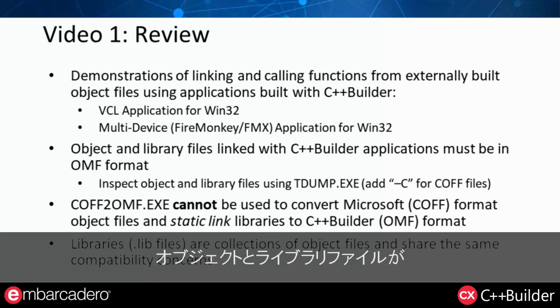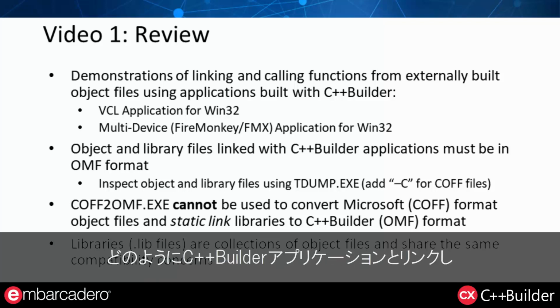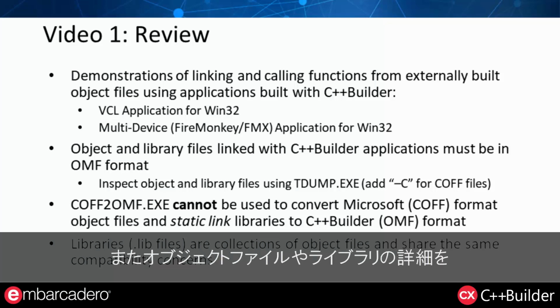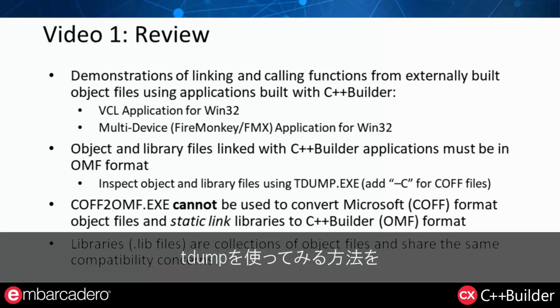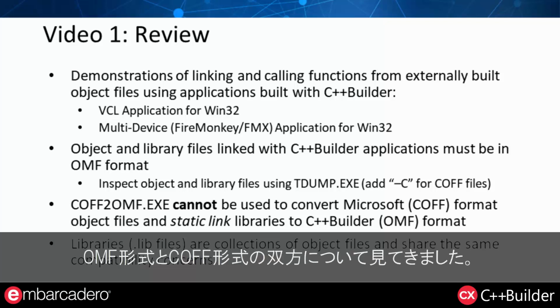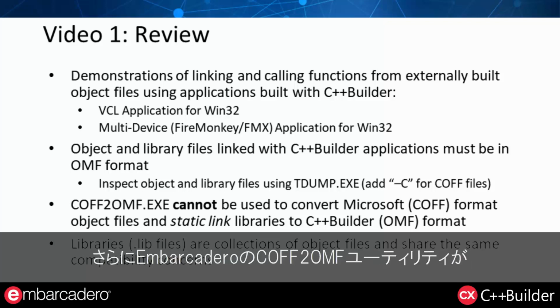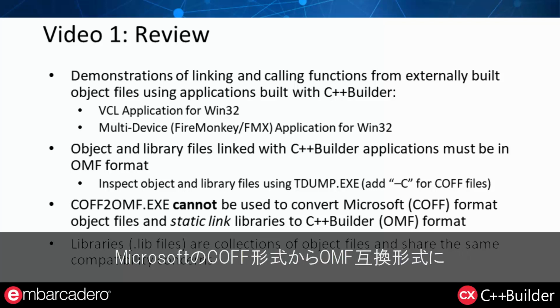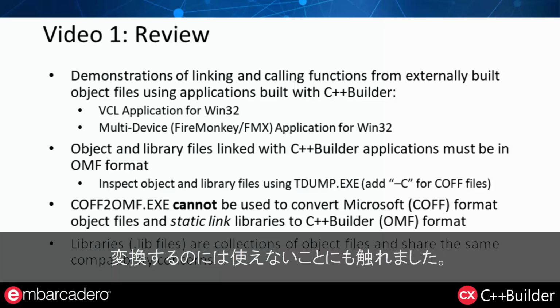We demonstrated how object and library files linked with C++ Builder applications must be in OMF format, and how to use tdump to dump the details of object files and library files, both in OMF and COF format. Also, we covered that the COF to OMF utility supplied by Embarcadero cannot be used to convert object and library files from Microsoft COF format to the compatible OMF format.